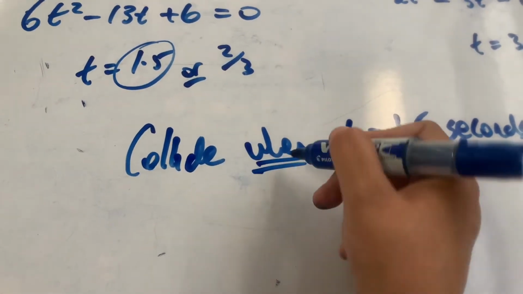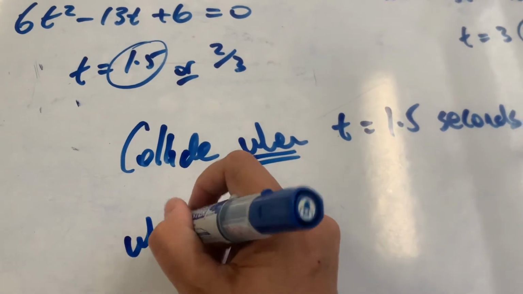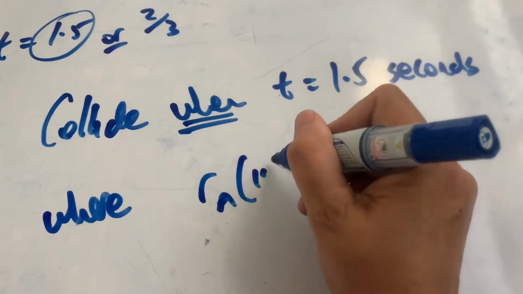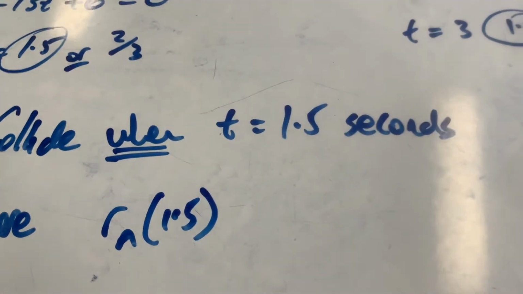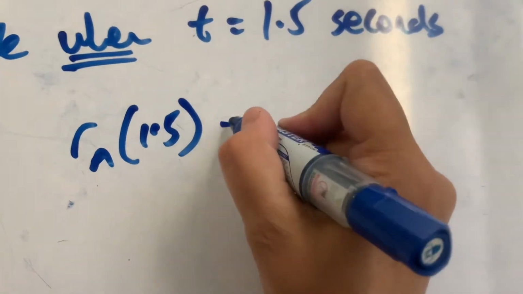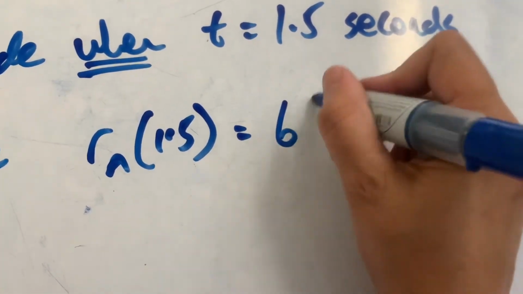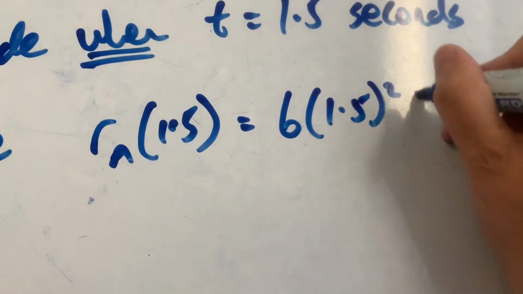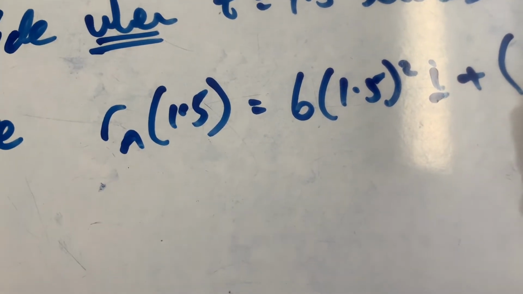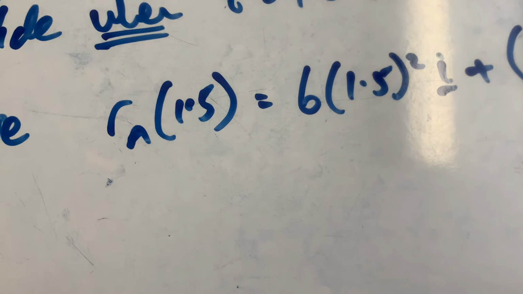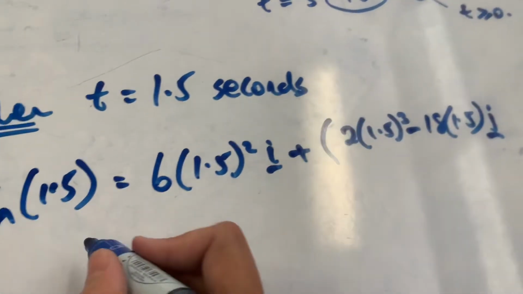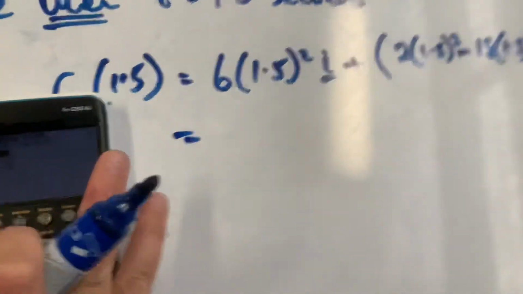That's my when. What about my where? My where would be just putting 1.5 into one of your equations. Just picking the first one, RA, so that's 6 times 1.5 squared i plus 2 times 1.5 cubed minus 18 times 1.5 j. Pop that into my calculator.